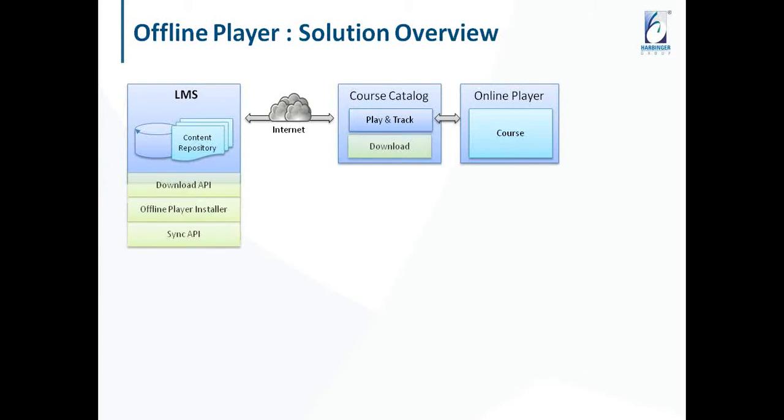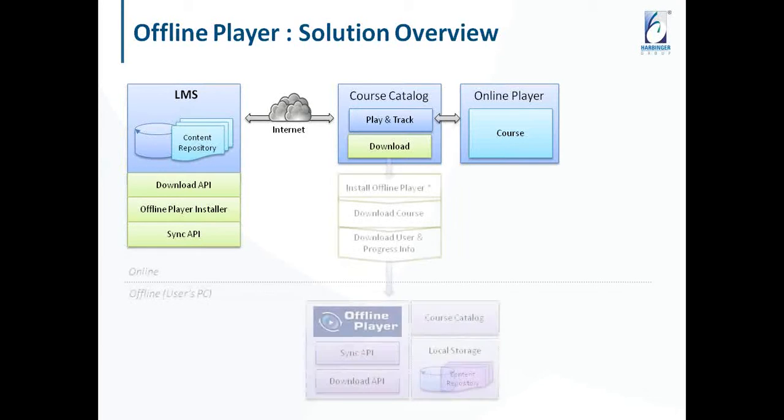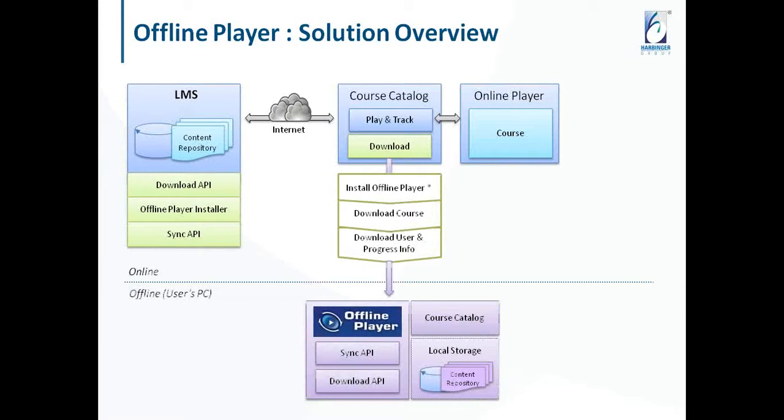And at the LMS side, you will also have download API, offline player installer button, as well as sync API button. And you can download the courses from the LMS course catalog onto the offline player, which will have the sync APIs, download API, and course catalog, and also a local storage for the content repository.